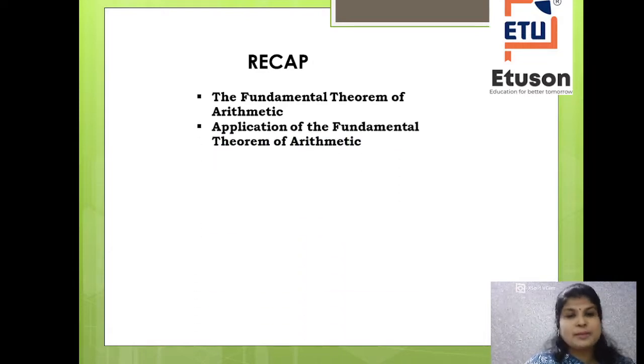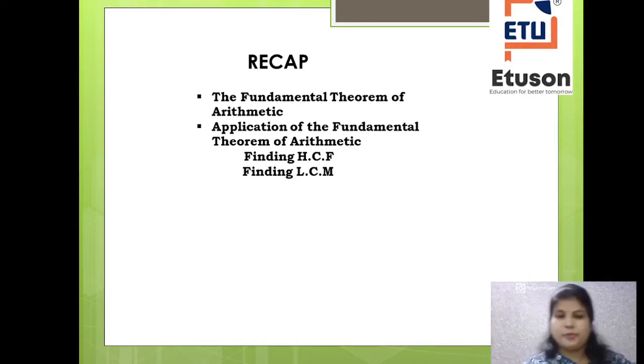We also discussed its applications, by which we proved certain properties and found the HCF, the highest common factor, and the LCM, the lowest common multiple, of numbers. Hope you remember that. Also, while discussing the theorem, we already solved question number 1 of exercise 1.2 of the NCERT book.